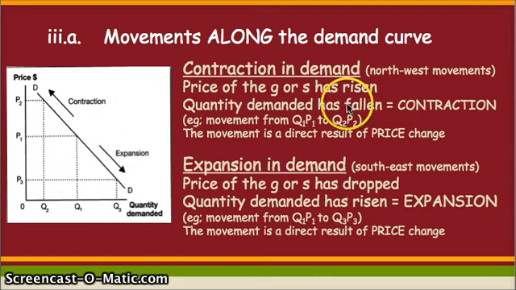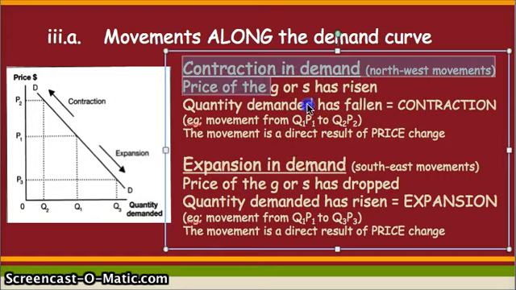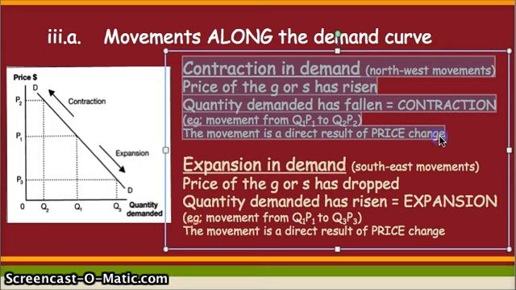Over here, that's basically explaining what I've just said. So contraction in demand creates a northwest movement. The price of the good has risen. The quantity demanded has fallen. That is a contraction. We've moved from Q1P1 to Q2P2. So Q2P2, Q1P1, we've moved up.